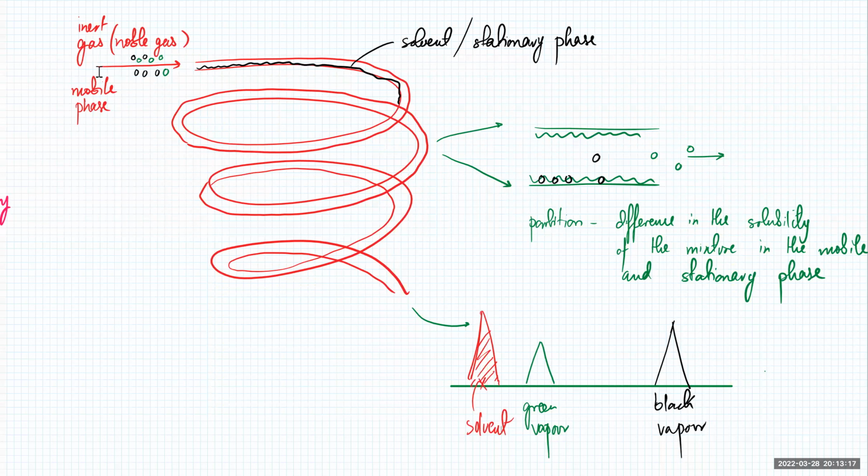If you're passing the gas or vapor at high pressures through these tubes, the first thing that you'll get is the solvent itself. Some of the solvent is going to get pushed out initially. The vapors are going to come out much later. So that's the basic idea of what gas liquid chromatography is.